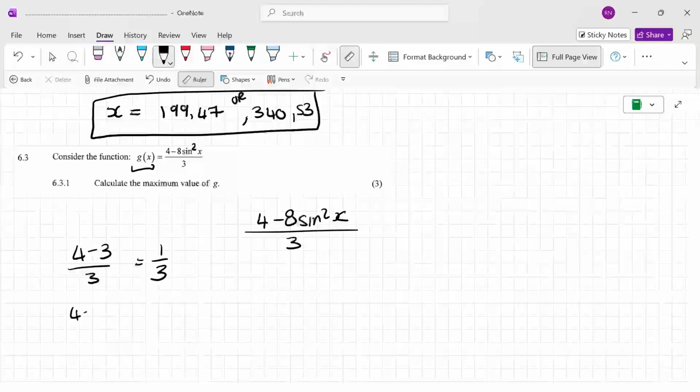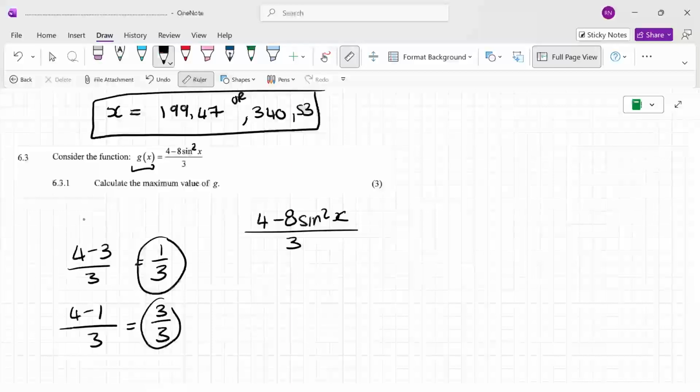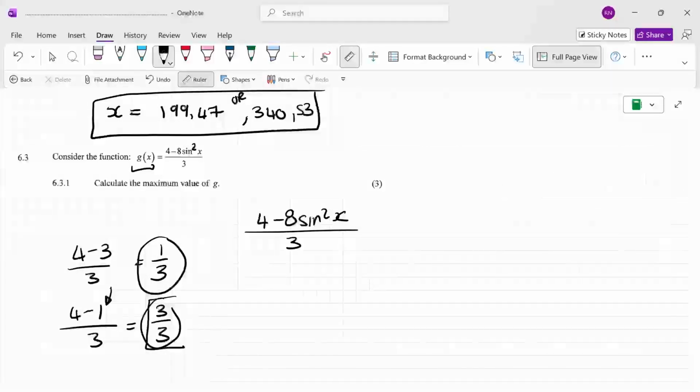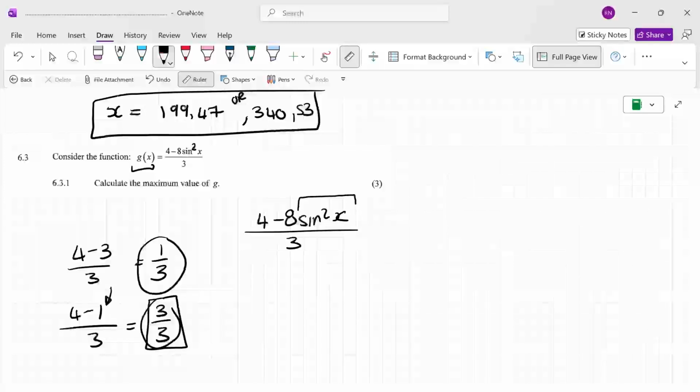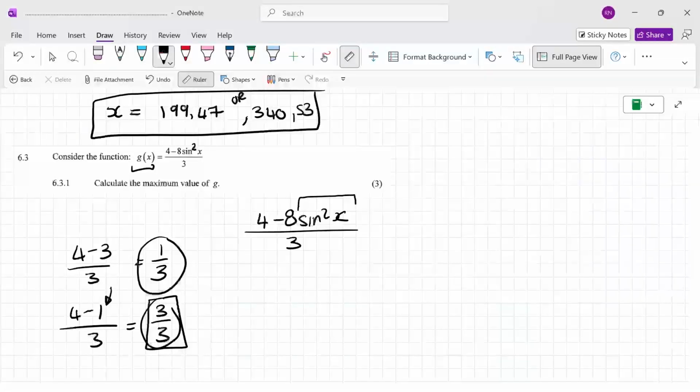If I have 4 minus 1 over 3, that's going to give me 3 over 3, which is 1. But it's bigger than this, right? That's because I was able to get the thing that I'm taking away from 4 to be so small that it's making my fraction as big as possible. So we want to make this sine as small as possible.